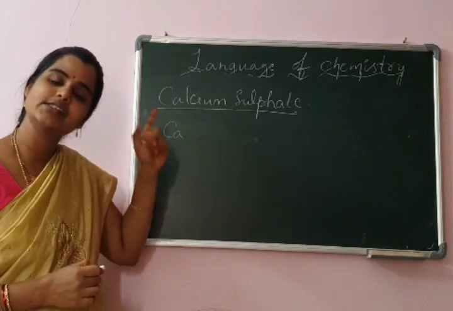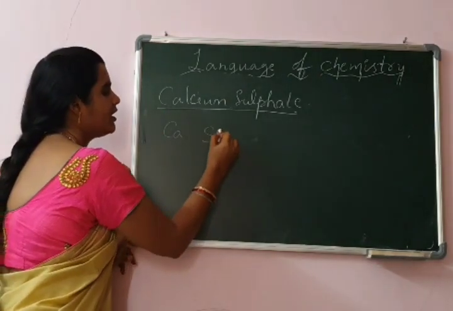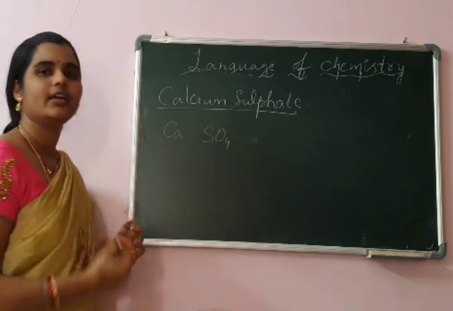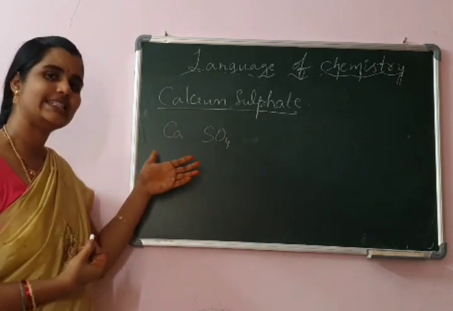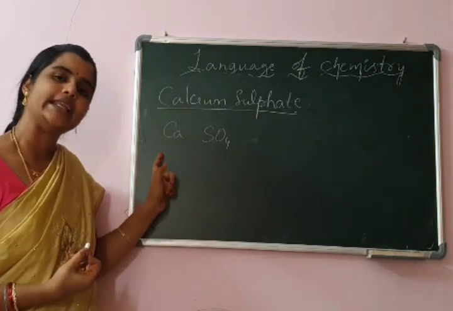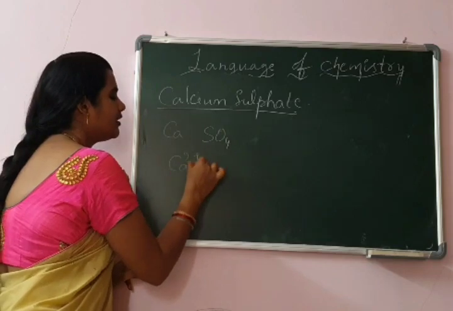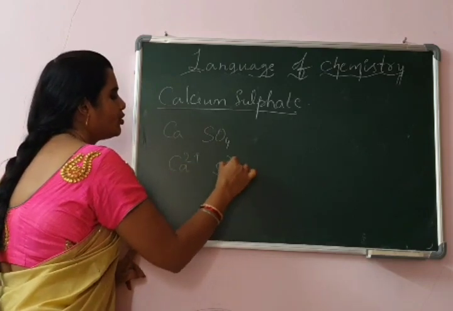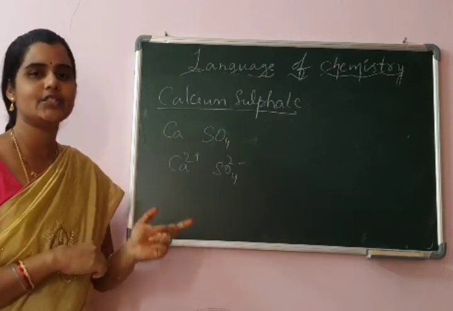Radical sulfate is a compound radical. So sulfate symbol is SO4 2-. Okay. So now the second step is you have to write their valencies. So Ca 2+, SO4 2-. I told you to ignore the positive and negative charges.